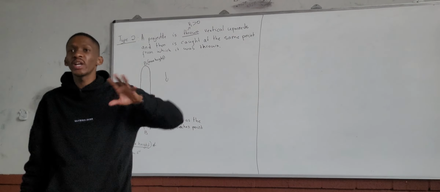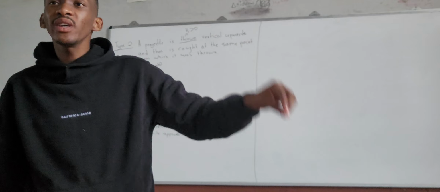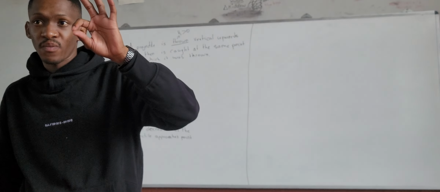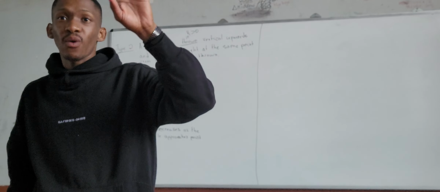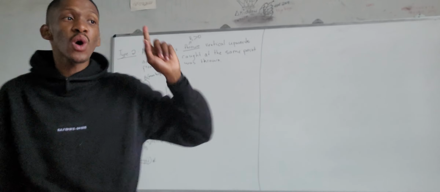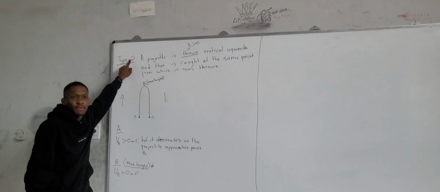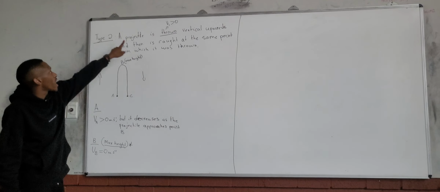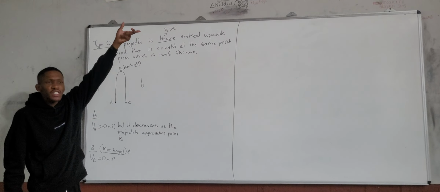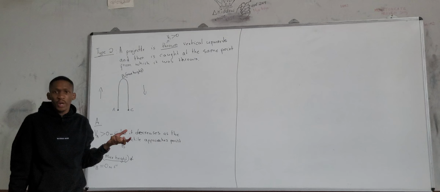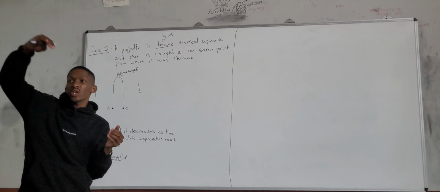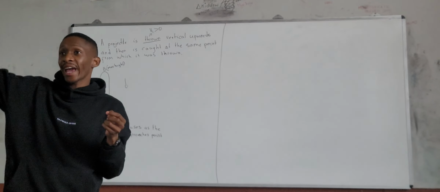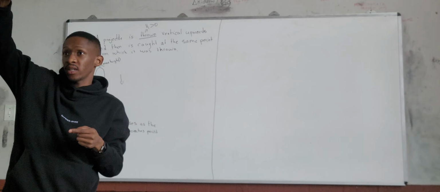Remember, when we go to the calculations, we always say we need 3 variables. 2 are given, easy. 1 is hidden. So if you are given a type 2 problem, where you have a projectile thrown vertically upward and caught at the same point, you must know that where our projectile is going to change direction, that is your maximum height.